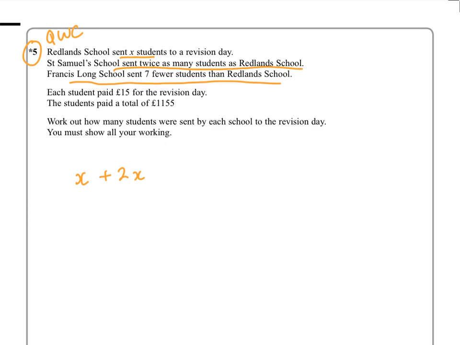So 7 fewer than x would be x with 7 taken away. So that would be the total number of students. Okay, so we can simplify that a little bit, and we can have 1x plus 2x plus x, that's 4x minus 7 students.